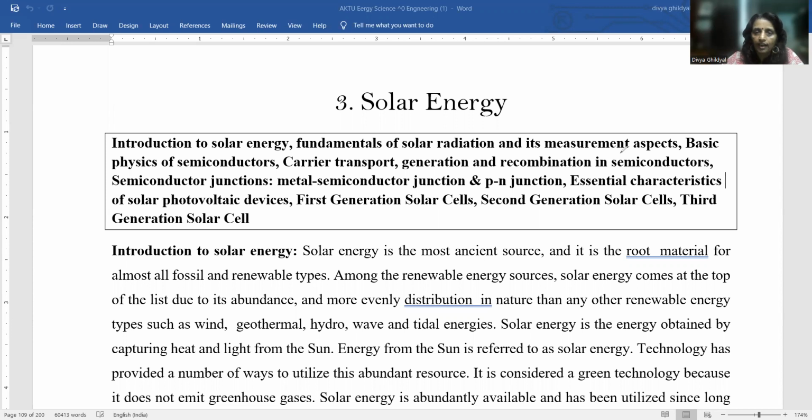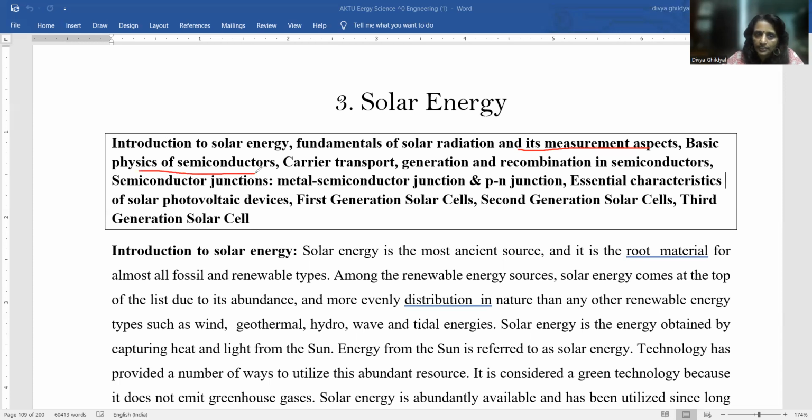So the architect needs to have an idea of the different measurement aspects he should take before going in for construction. In fact, this is important.